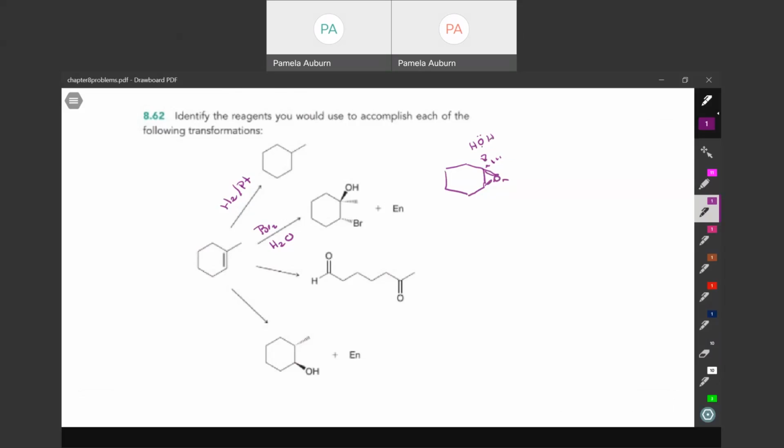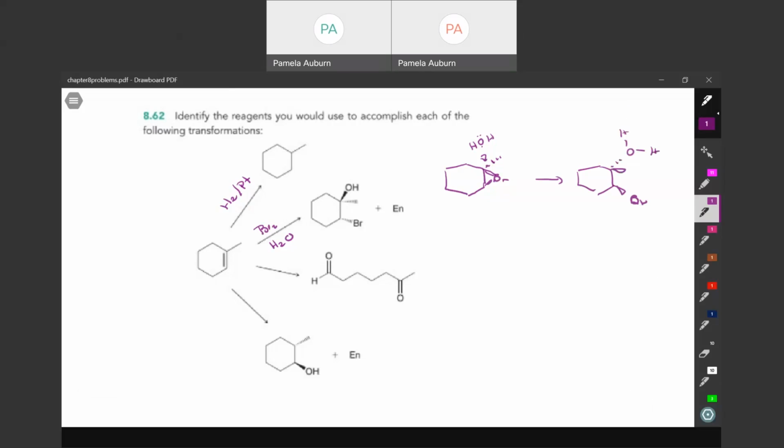So now the methyl group is going to come up and the bromine is going to be coming up. So I get the methyl group coming up.